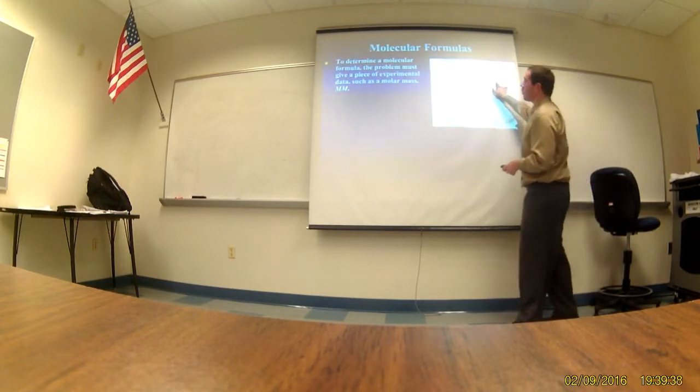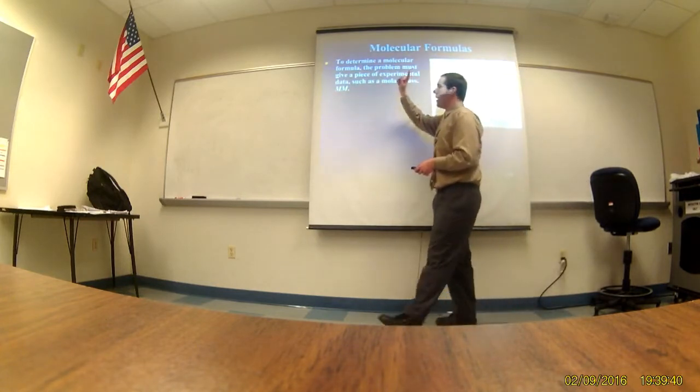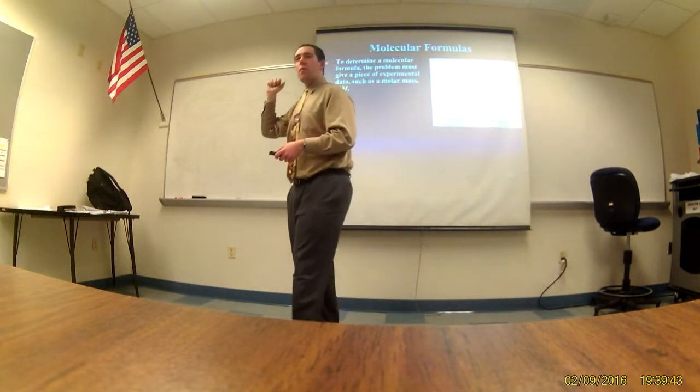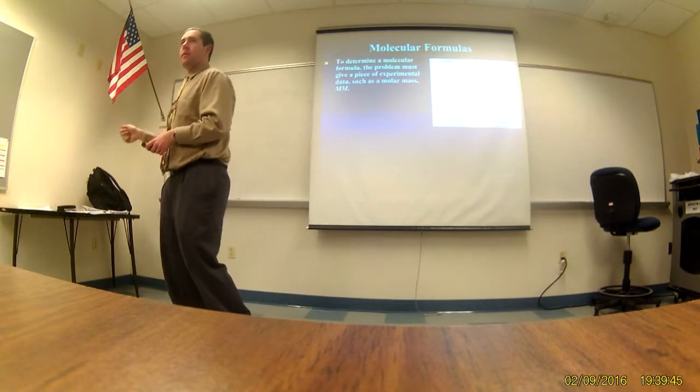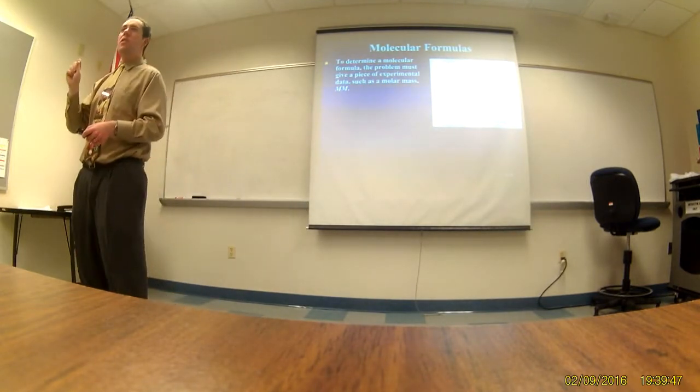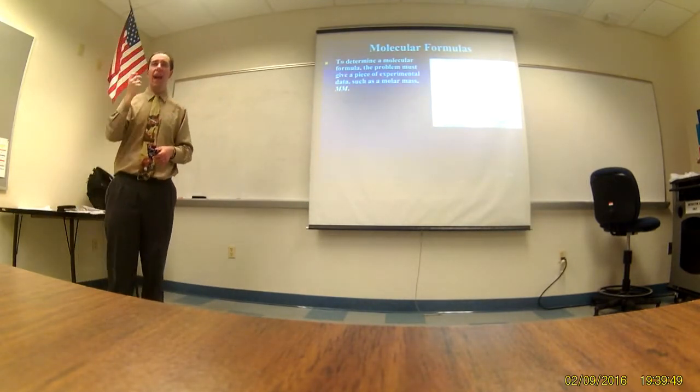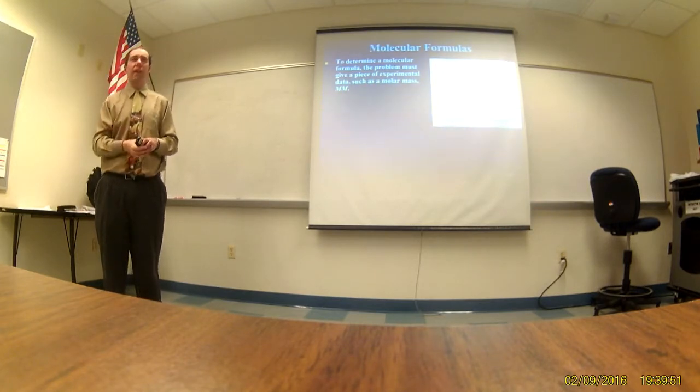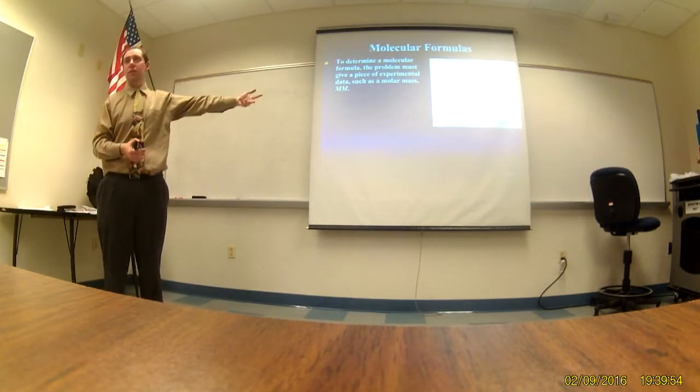So, in order to find the molecular formula, we have to be given the molar mass of the molecular formula. If you're not given that, you cannot do it. Otherwise, you can't figure out how many times bigger it is.